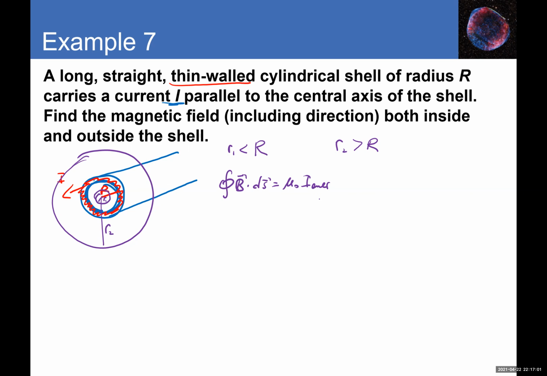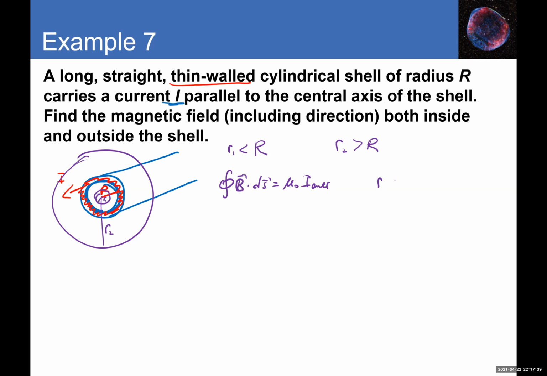Using the symmetry, we can find the right configuration where this path integration gives a constant magnetic field. The right side equals mu naught times I enclosed. By symmetry, we can see that the field is the same everywhere on this circle.